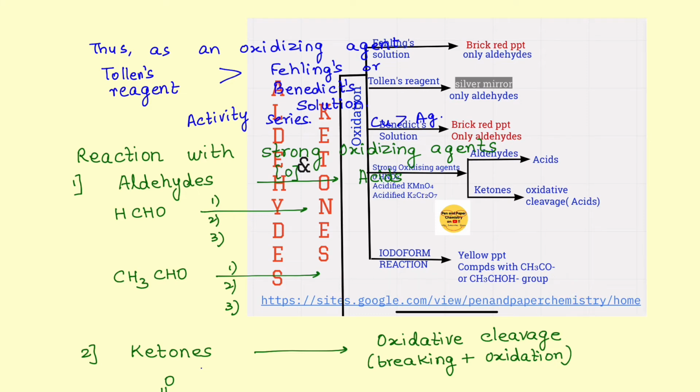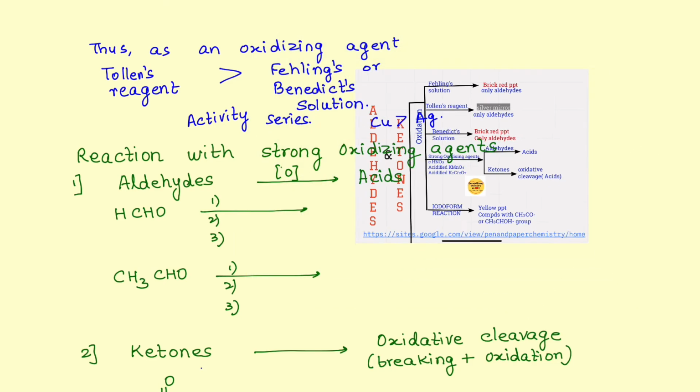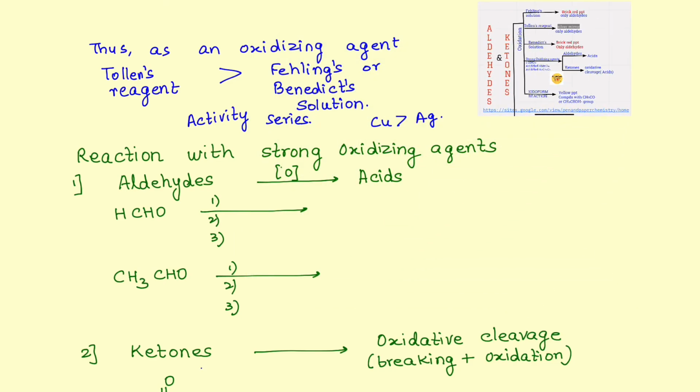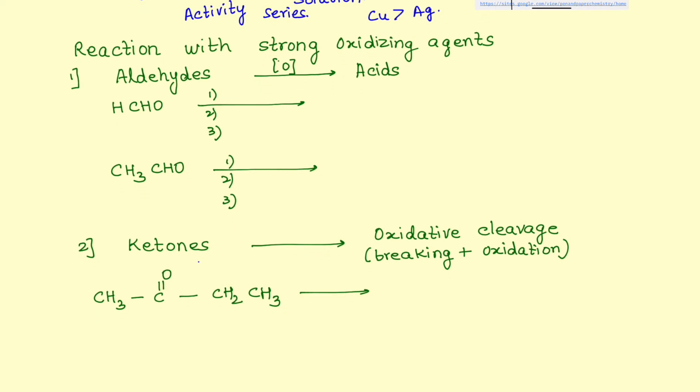Right? Okay. Now coming to the ketones. In the case of ketones, what we mentioned was, yes, there is oxidation, but there is breaking down as well. Where will it break down from? Right, that's the big question. It can break down from here. When it breaks down and undergoes oxidation, what will we get?